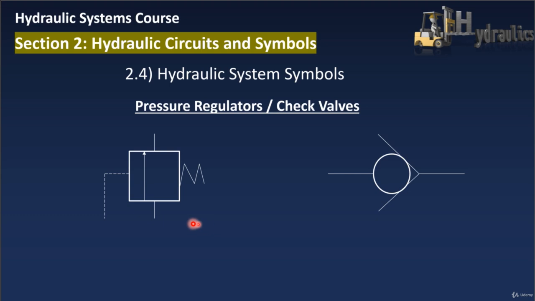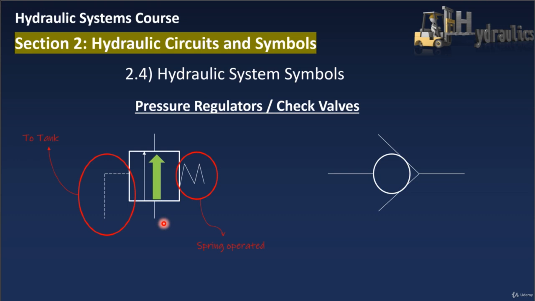In this sketch, the dashed line represents the drain to the tank, and this zigzag line represents the mode of operation or actuation of this pressure regulator. In this case, this is the symbology of a spring-operated pressure regulator. And here, this arrow represents the flow direction of hydraulic fluid.